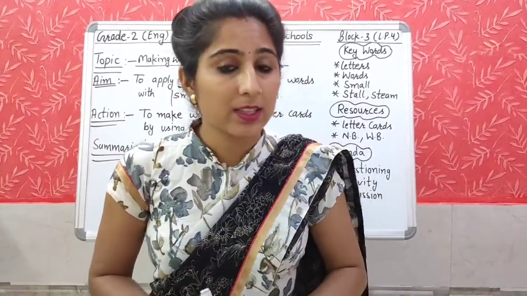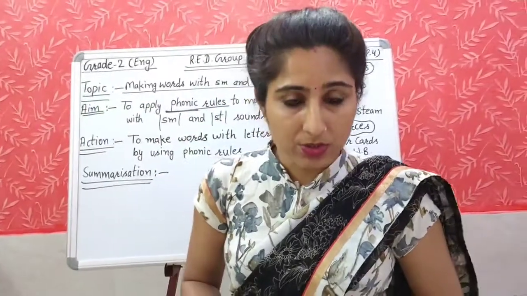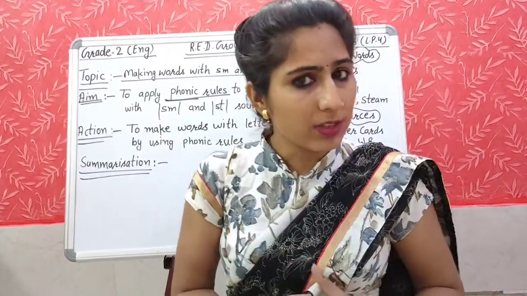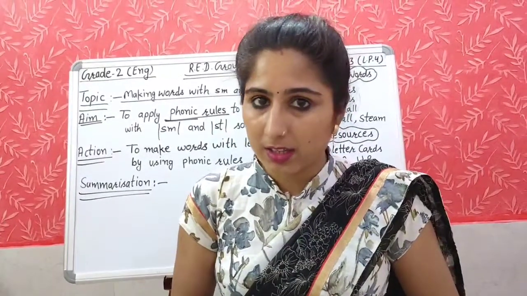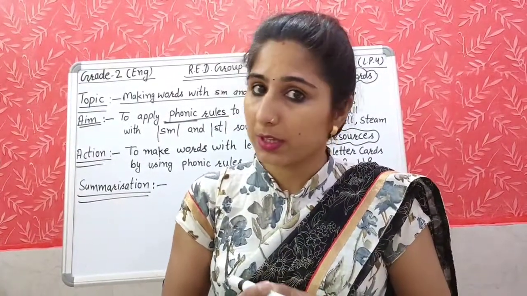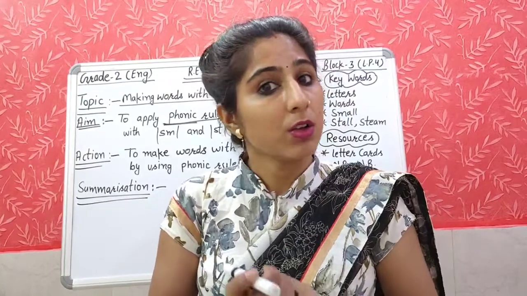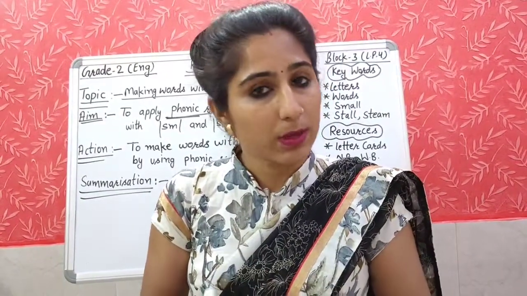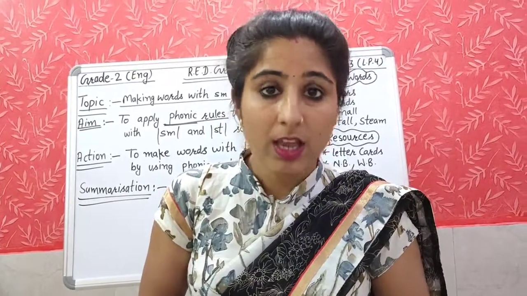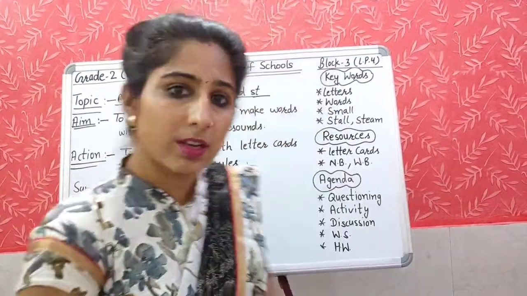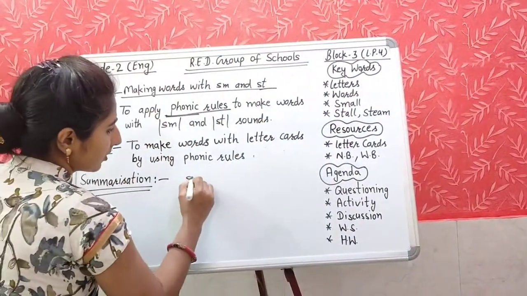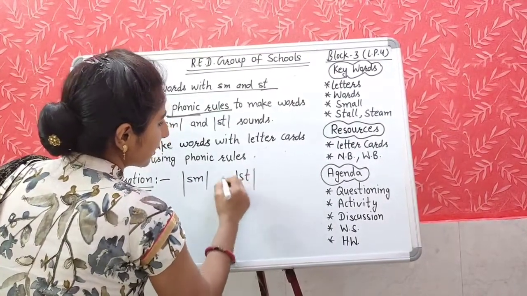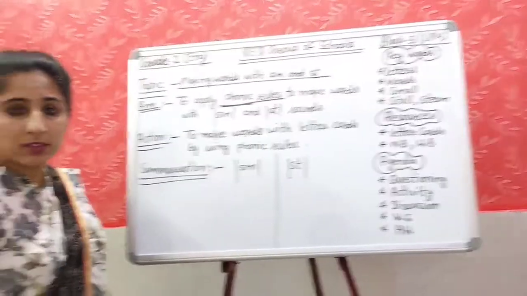Yes student, at last it is time for the summarization part. Okay, what have we learned today? Can anyone tell? Yes, we learned to make words by using phonic rules. And which letters have we used? Right, we have used SM and ST sounds.